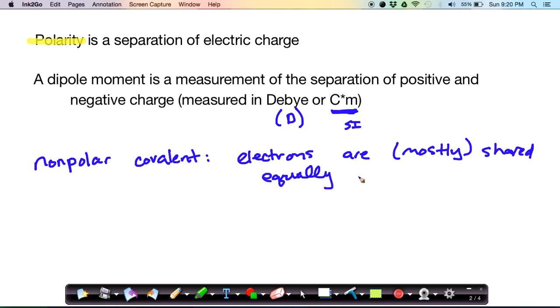And as a result, there would be no dipole moment for a nonpolar covalent bond.